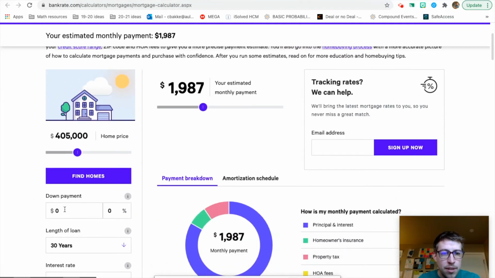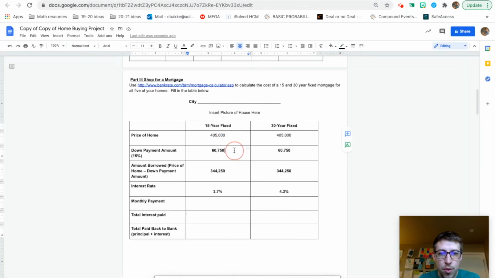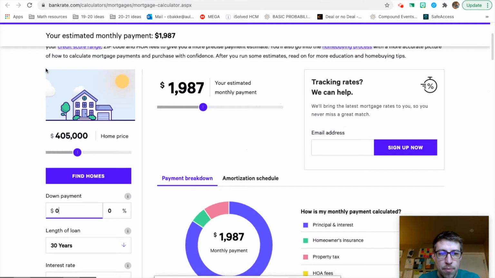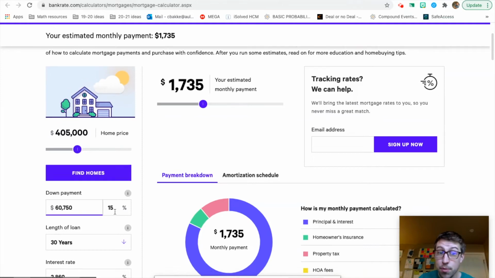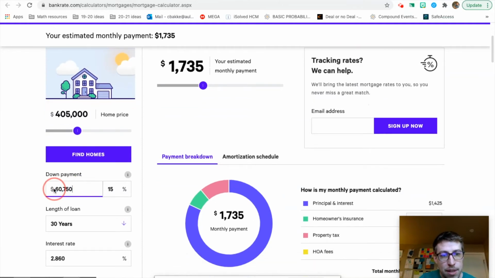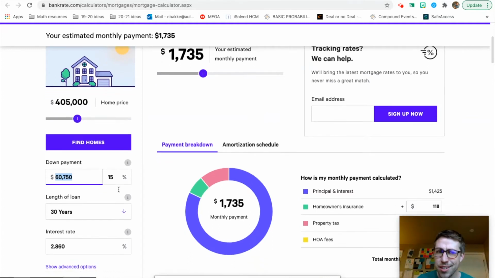For down payment, type in the 15% that you got, whatever you got when you did that. And if you did it correctly, it'll come out to 15%. So you can double check your work. If you type in your down payment amount and got something other than 15, we need to recheck our work to make sure that that is looking good.